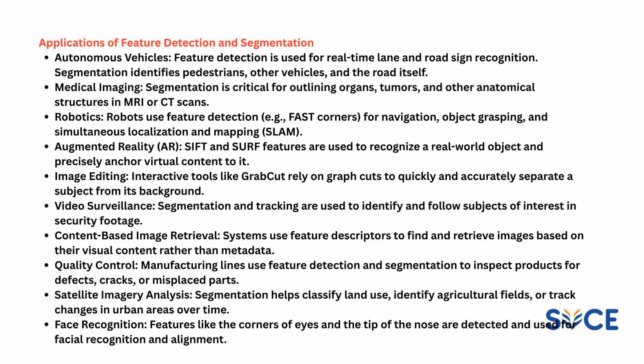Next we can talk about video surveillance. In security, these techniques are used to automatically track subjects. We have some night vision cameras or morning vision cameras where we can capture 360 degrees also.